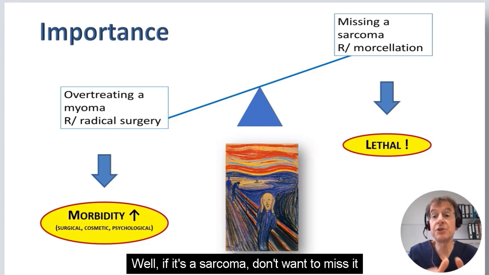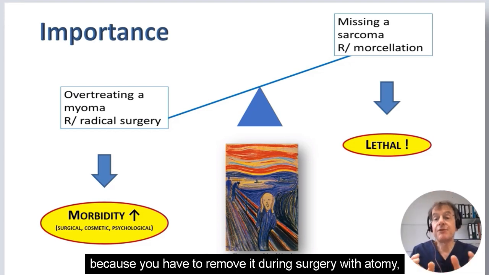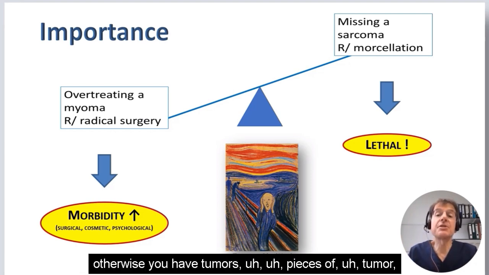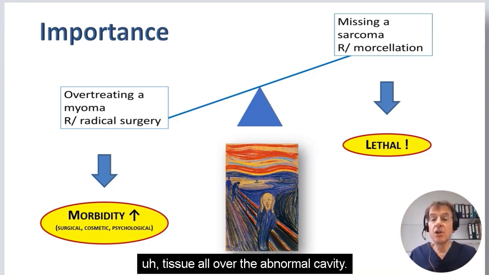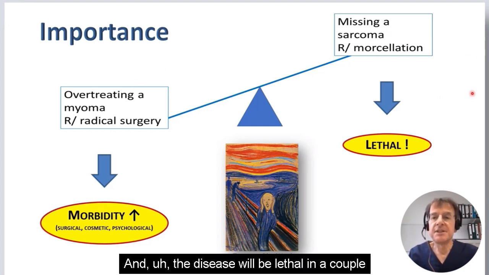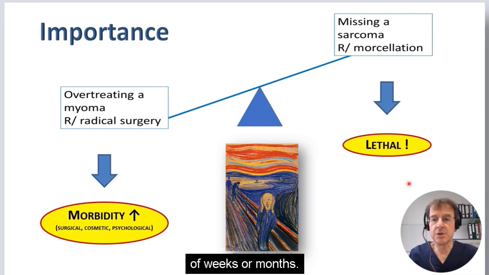Well, if it's a sarcoma, you don't want to miss it, because you have to remove it doing surgery with laparotomy. You should certainly not morcellate a sarcoma, because otherwise you have pieces of tumor tissue all over the abdominal cavity, and the disease will be lethal in a couple of weeks or months.